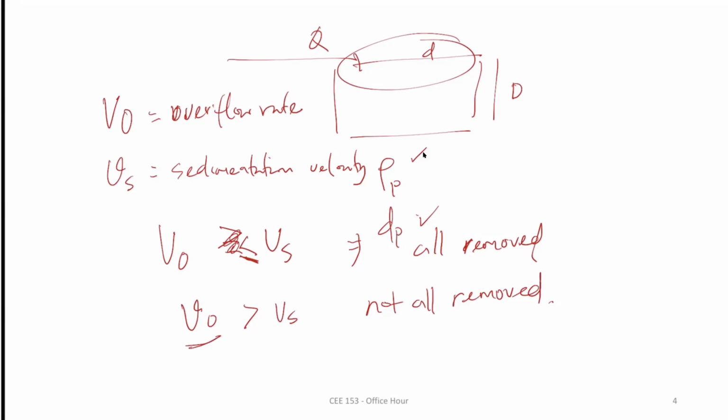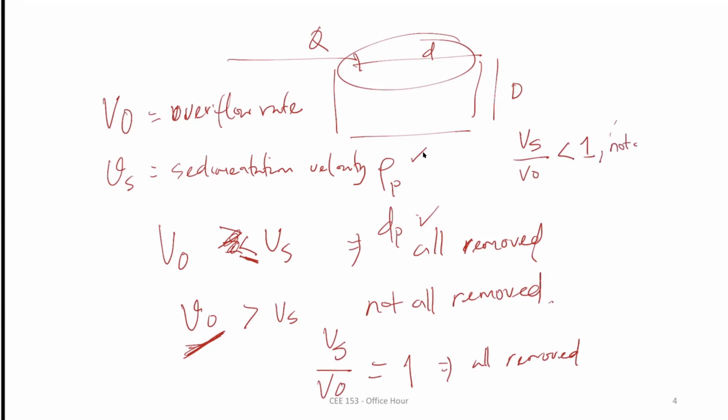So as I said, your reference point is v0. When vs by v0 is equal to 1, all removed. When vs by v0 is less than 1, not all removed.